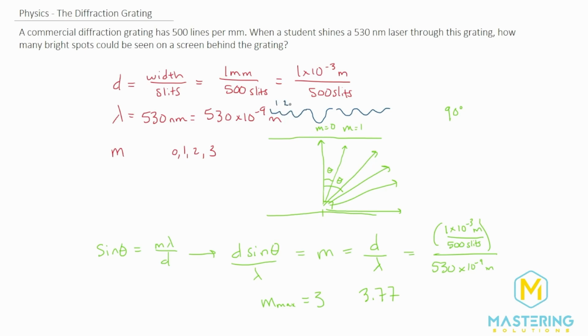So we're going to see 1, 2, 3, 4, 5, 6, 7 bright spots. They ask how many bright spots could be seen on a screen, not what the maximum m is. We just use this to conceptually see how many bright spots we'll find. So we will see 7 bright spots for this diffraction grating question.